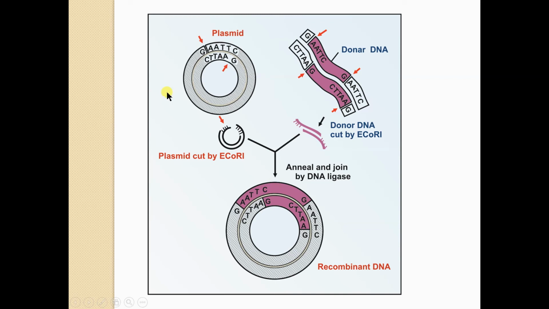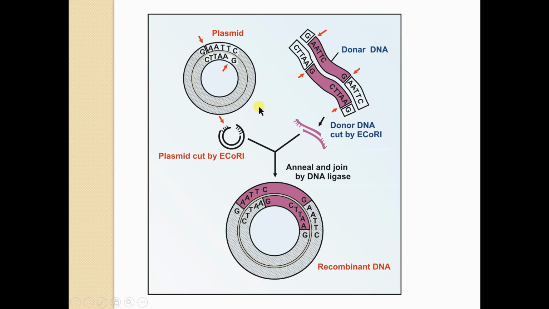Suppose this is the plasmid. A plasmid is a double-stranded circular DNA from a bacterial cell, and suppose this is the donor DNA, that is the human DNA, a linear chromosomal DNA that contains, say, the insulin gene. Suppose we want to multiply the insulin gene, or we want insulin protein in a large number.